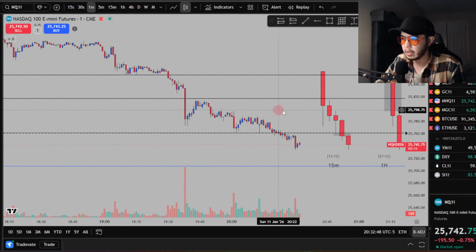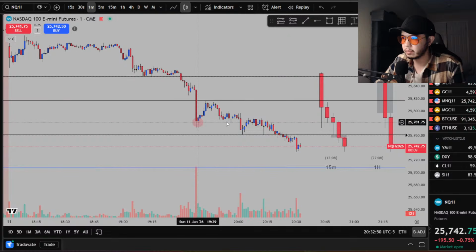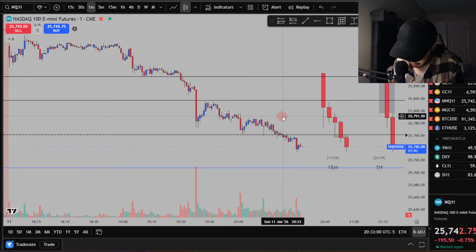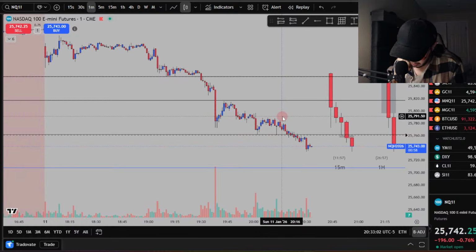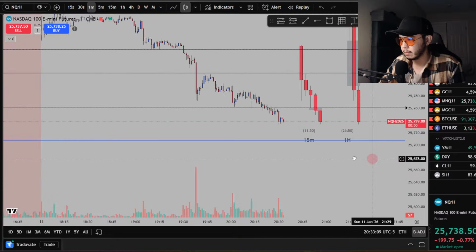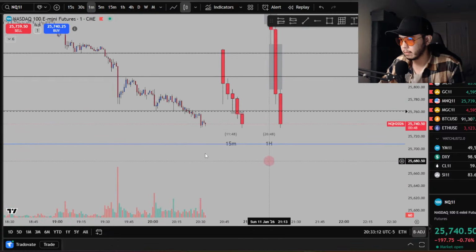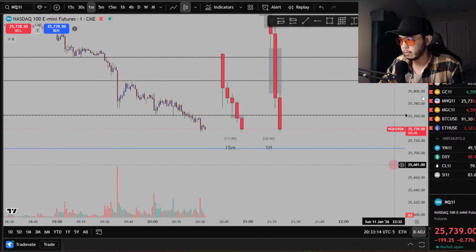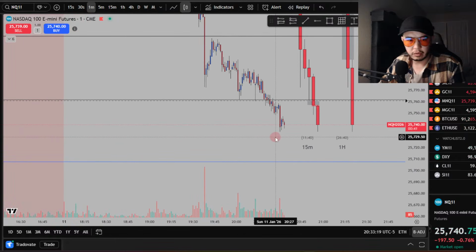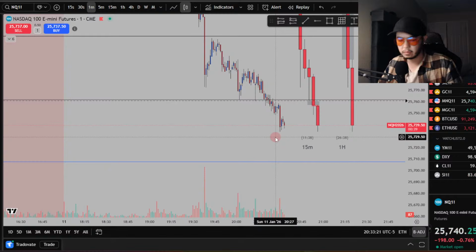Nasdaq is the only one that kinda gives you some sort of good price action, but not really. I'm gonna try to take a trade on my phone.